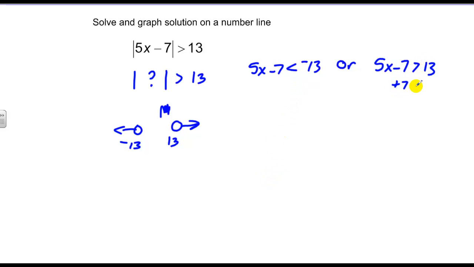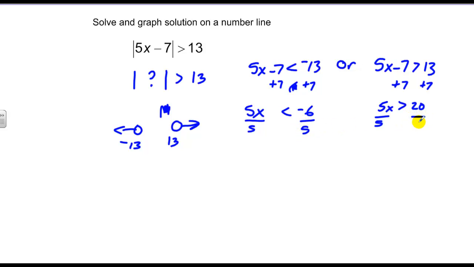Add 7 to both sides. Do it on both equations at the same time, might as well. So we end up with negative 6 here. Divide by 5 in both equations. No need to flip the inequality because I'm dividing by a positive.